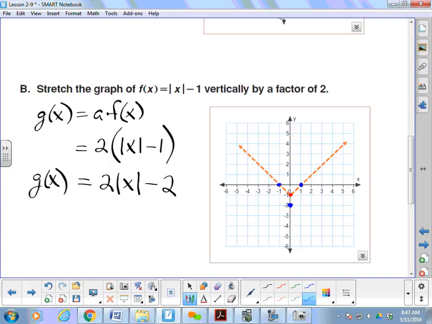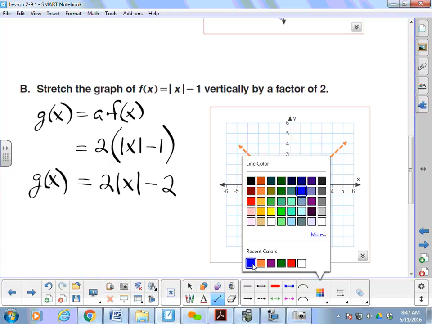At 2, the y value is 1. What happens when I multiply that y value by 2? I get 2, so this is now going to be here. And at -2, the same thing happens. So all I'm doing is multiplying the y values by 2, and now I can draw my new graph.